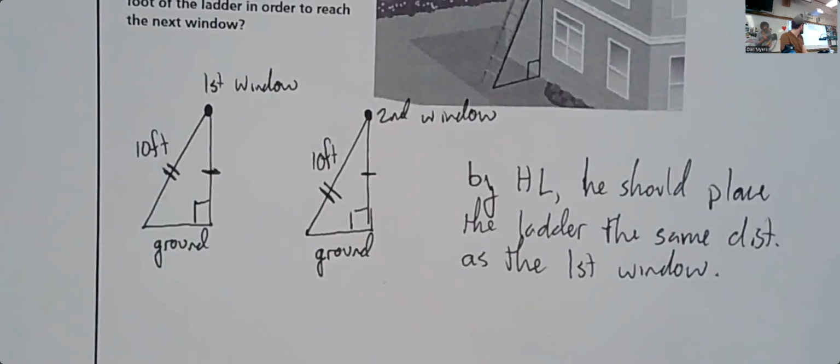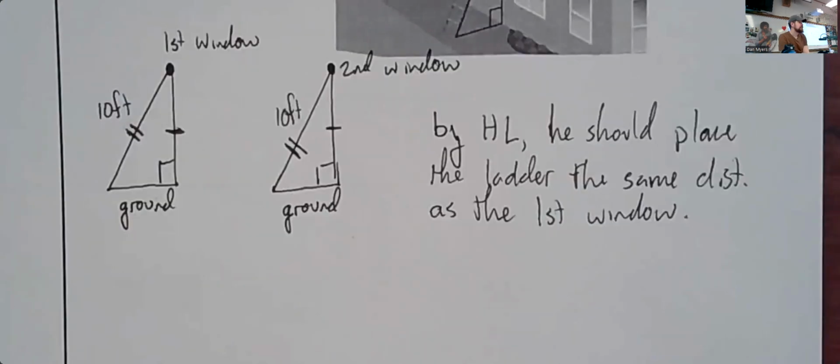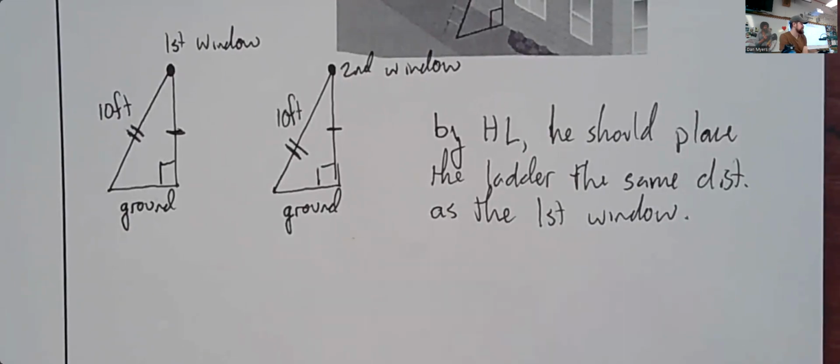However far away the ladder is from the house needs to be the same for the second window, because all the measurements are the same between the two. That's basically what we're saying. And if this was 5 minutes ago, we would have had to use the Pythagorean theorem again, but now we have HL, so we don't have to go through that process again.